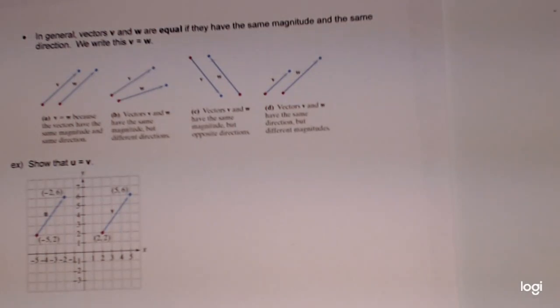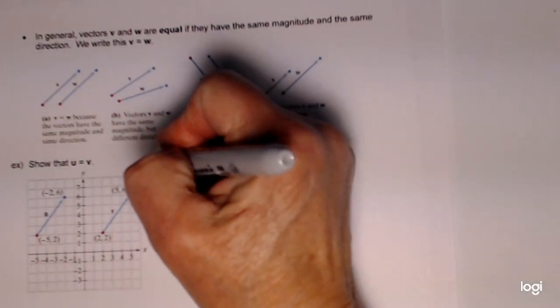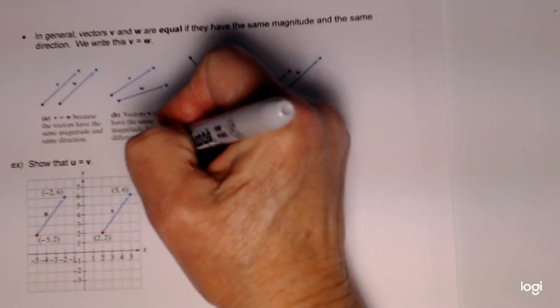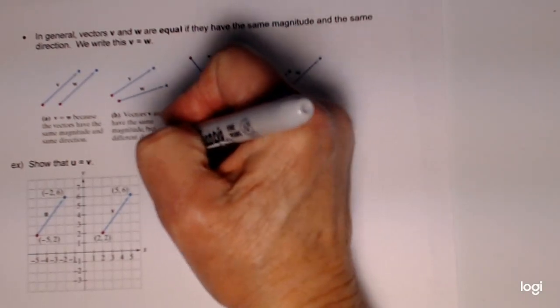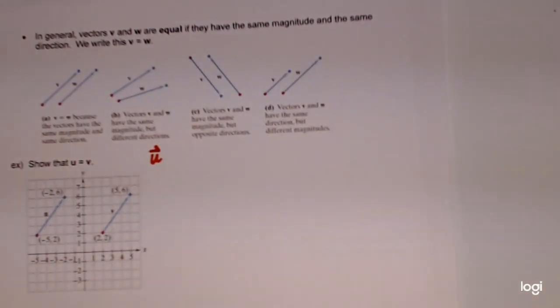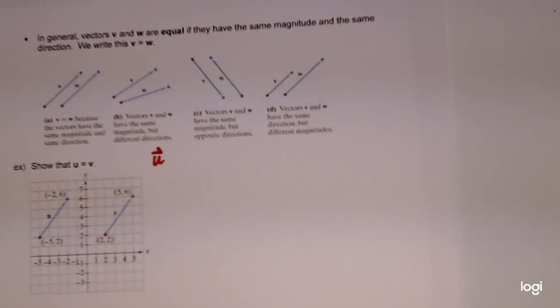So when I write these, frequently you'll see me write something like this, U, with what looks like a little arrow on top. And that says that that is vector U there, since I can't write in boldface type. So U and V, are these two vectors equal?